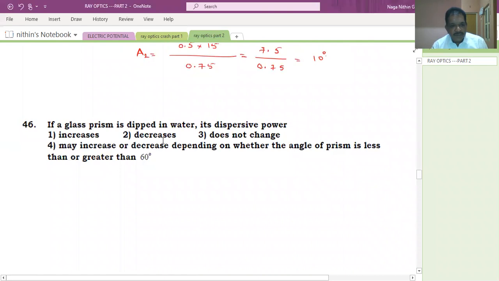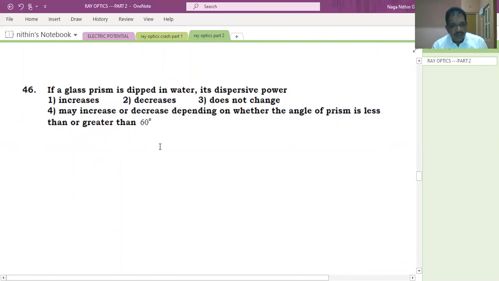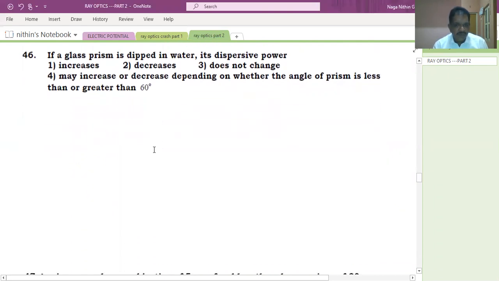Next, glass prism is dipped in water. Its dispersive power. Dispersive power formula omega is equal to theta by d. Okay, theta same, d value in air.